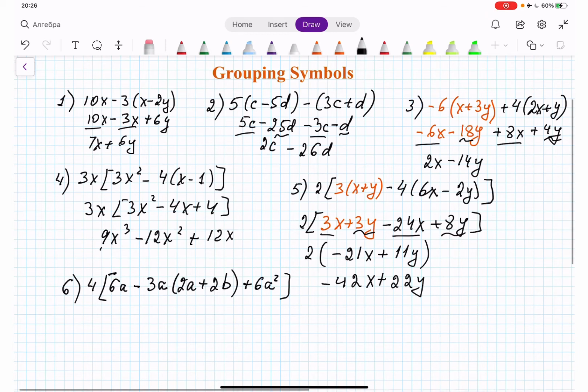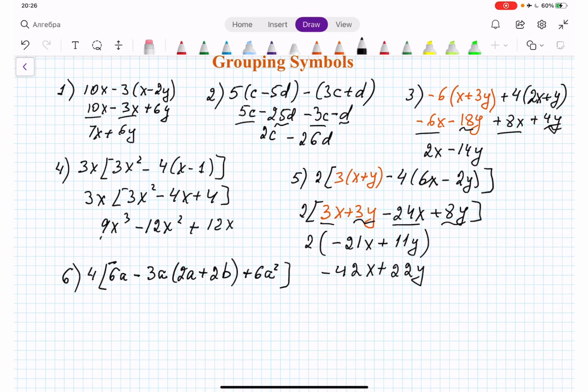Okay, so first let me change the color because I'm going to open this one first.